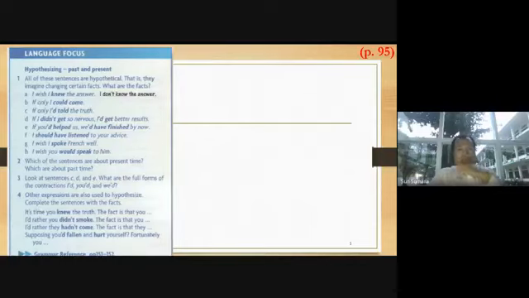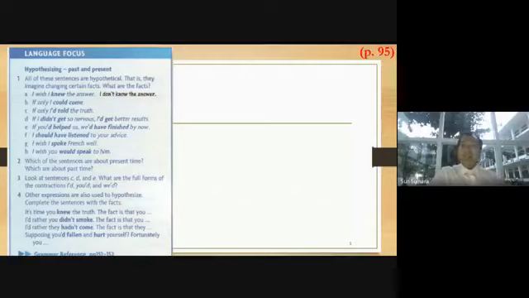If you can answer this, it means you understood the grammar reference. This is the way you can learn from New Headway very well. If you understand the grammar reference, you will be able to answer all the exercises in here. The language focus will help you to summarize and refine your understanding.